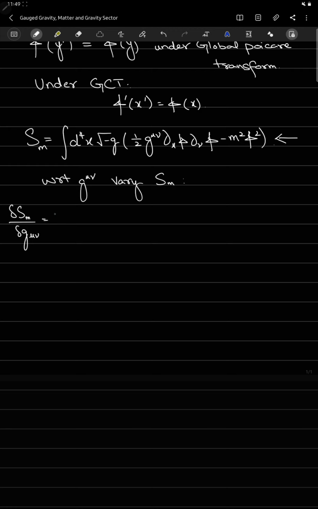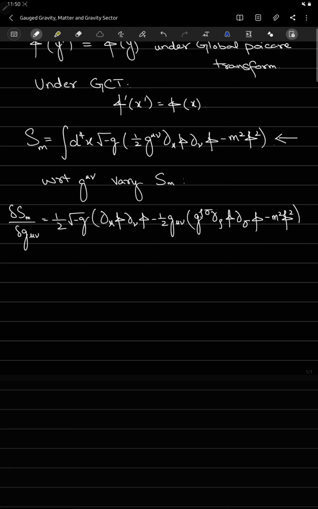So taking its derivative, I get 1 by 2 square root minus g, partial mu phi partial nu phi minus 1 by 2 g mu nu. Now I have to be careful with the indices, so I'll have rho sigma partial rho phi and partial sigma phi, minus m squared phi squared. Let's close the final bracket as well.